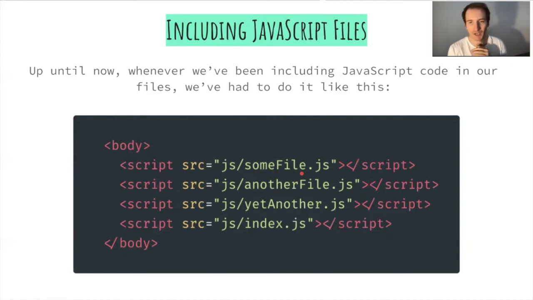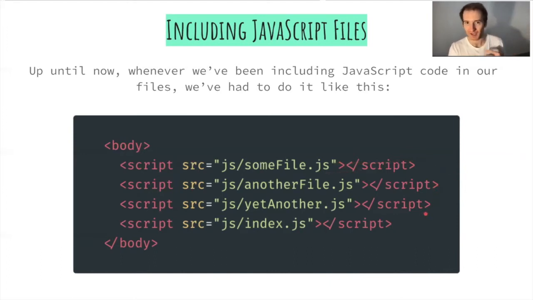So if we're writing vanilla JavaScript like this, if we're splitting our code into different files, we need to be really wary about which variables we're including from where. And especially we need to be wary of the order that we include these JavaScript files.